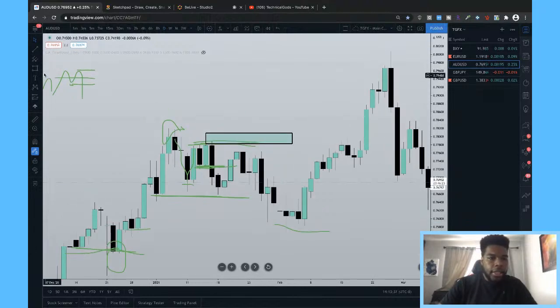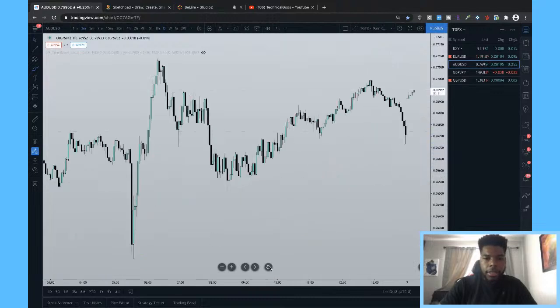Now, if I highlight this area here, and let's go down to like the 3-minute time frame. Let's see if it'll let me go back there.